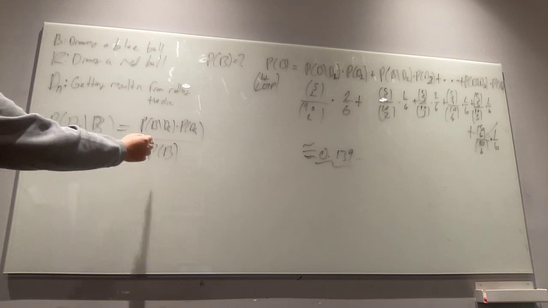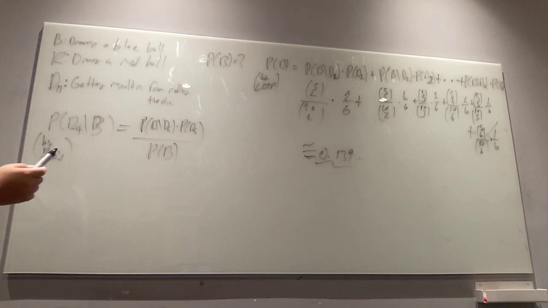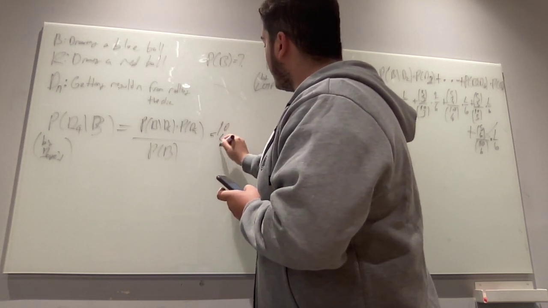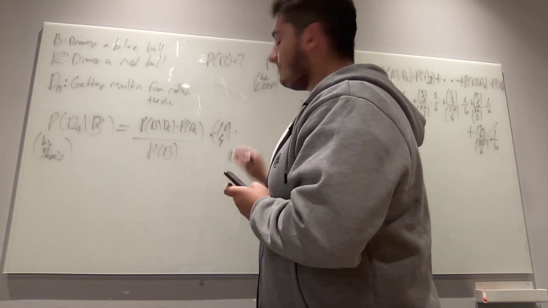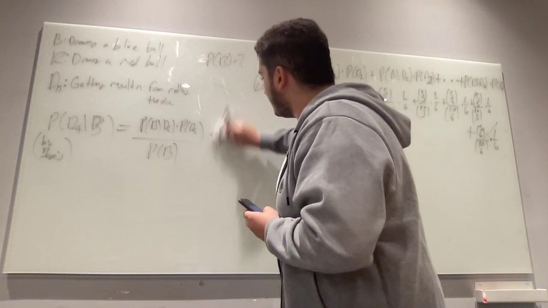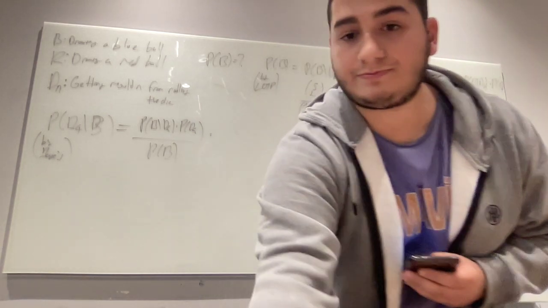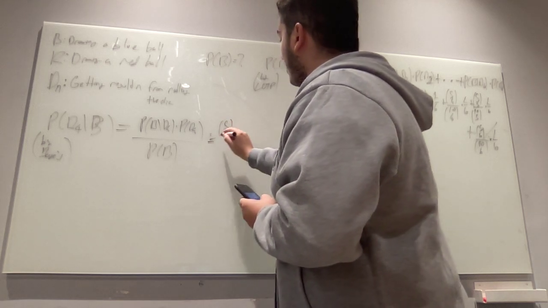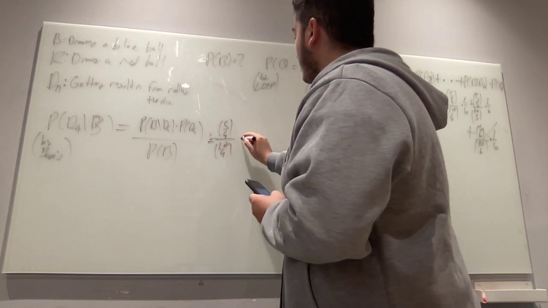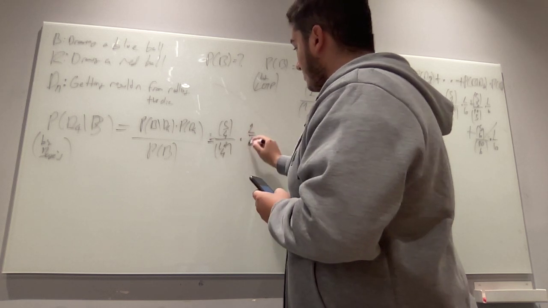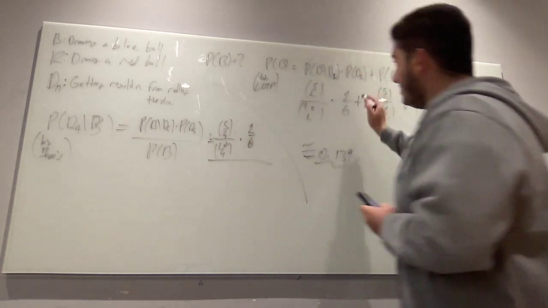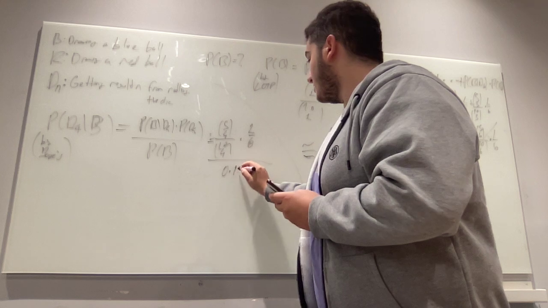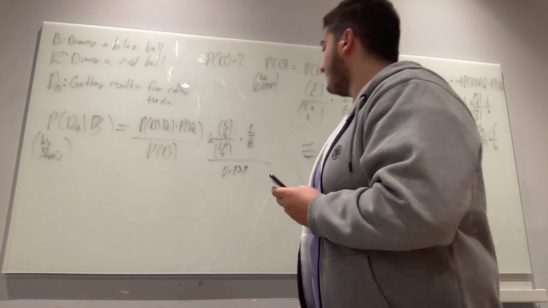Probability B given D4 means I already did it there, 10 chooses 4. I can write that: 5 chooses 4 over 10 chooses 4, equals 5 chooses 4 over 10 chooses 4 times 1 over 6, that's the probability D4, over probability B that I already calculated here, 0.139.